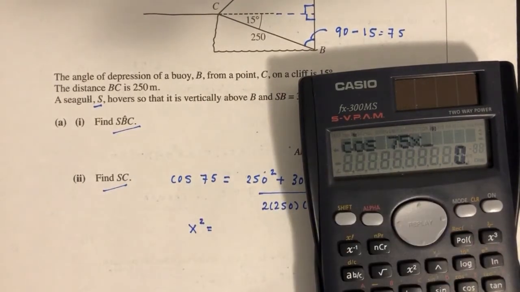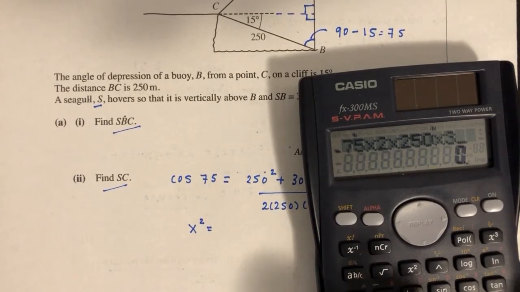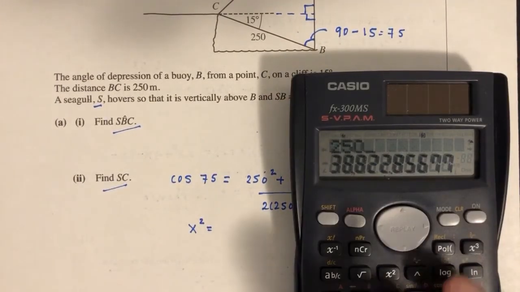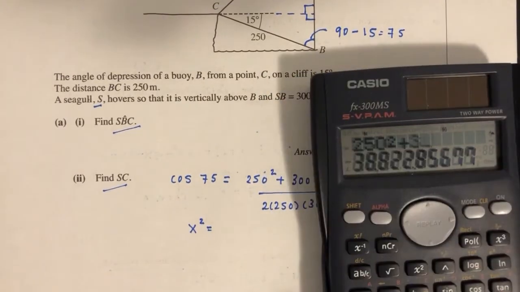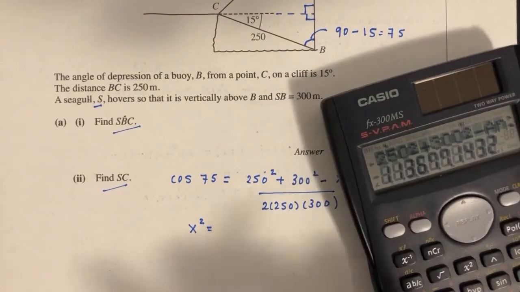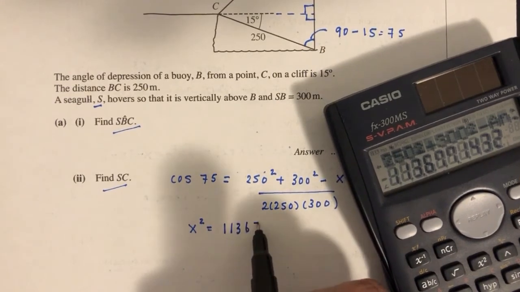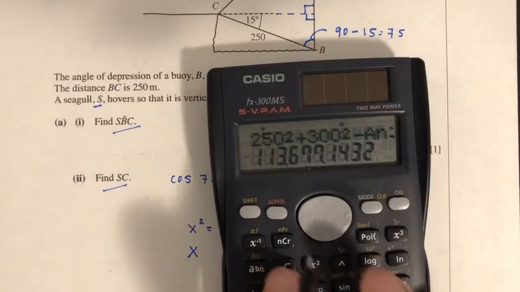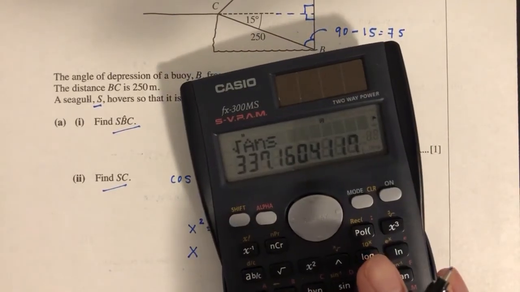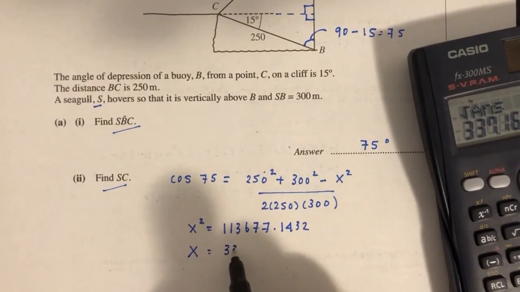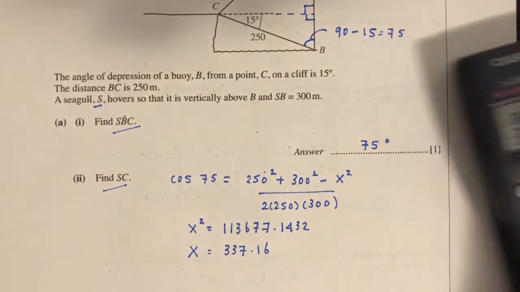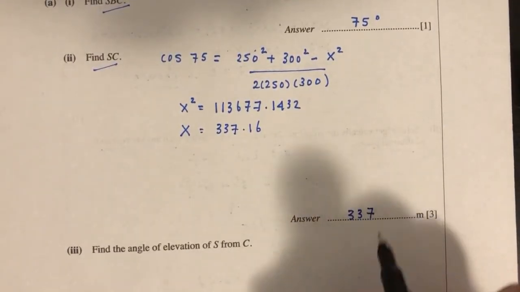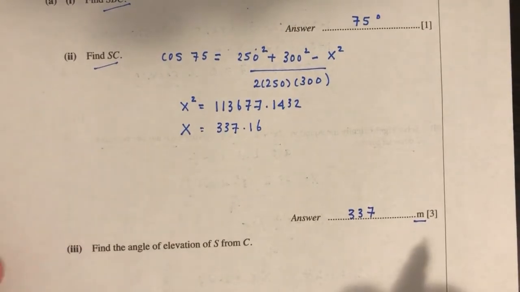Cos 75 times 2 times 250 times 300, that will be this value, and then we will do 250 squared plus 300 squared minus the answer. So this will be x squared. So x will be square root of that. That will give me 337.16. So your value correct to 3 SF will be 337 meters. That will be the value of SC.